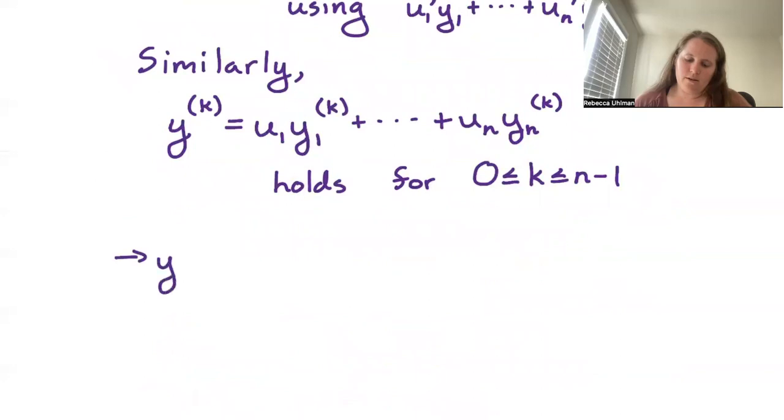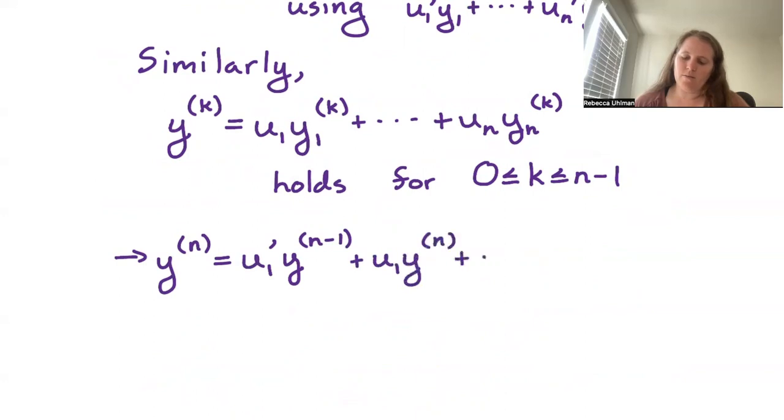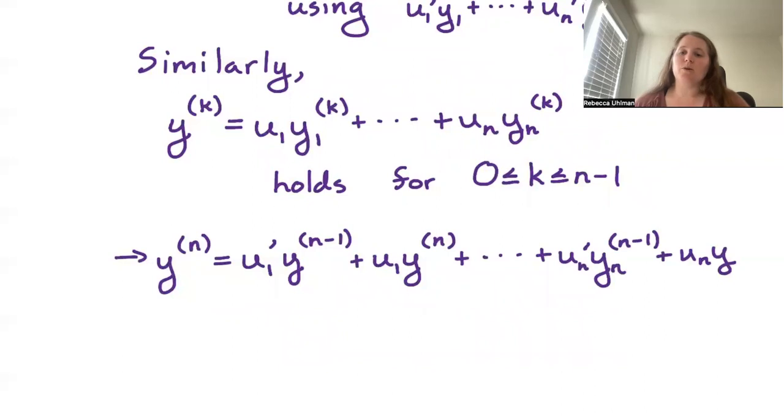So we get then that our nth derivative should just be u1 prime times the n minus first derivative of y1 plus u1 times the nth derivative of y1 plus all the way up through un prime times the n minus first derivative of yn plus un times the nth derivative of yn.